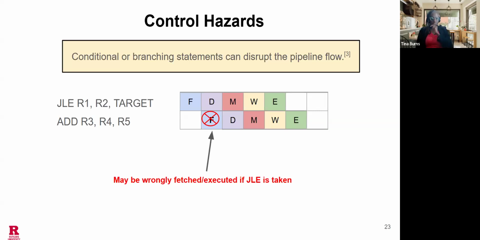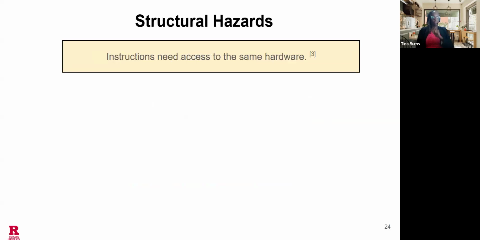Now, the third one is called a structural hazard. Here's where this happens. Keep in mind, this is all based on the von Neumann model. There's one memory address, one memory bus for both your instructions and your data.